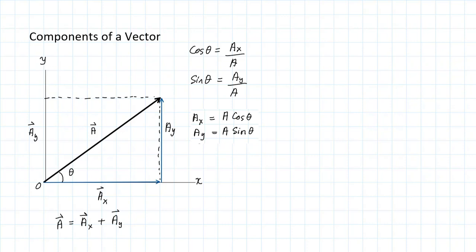Furthermore, the magnitude of vector A is equal to the square root of the sum of the squares of its components. And the angle theta is equal to tangent inverse of ay divided by ax.